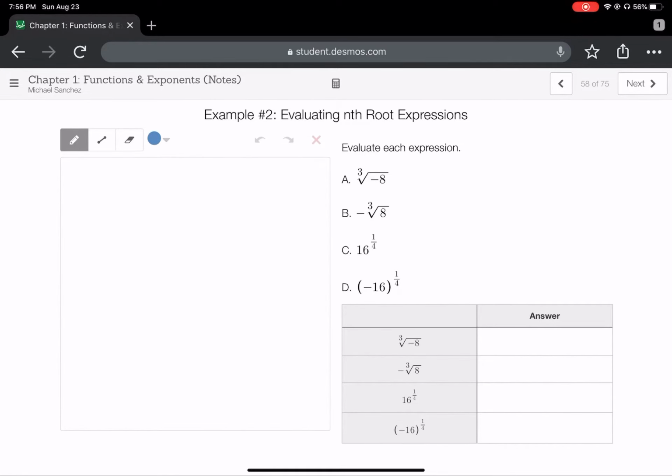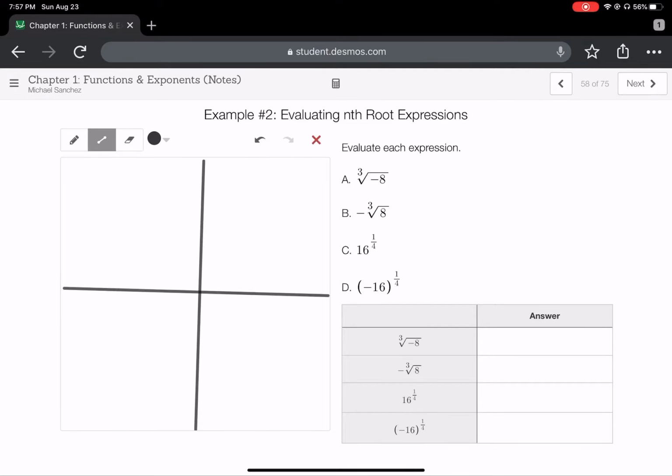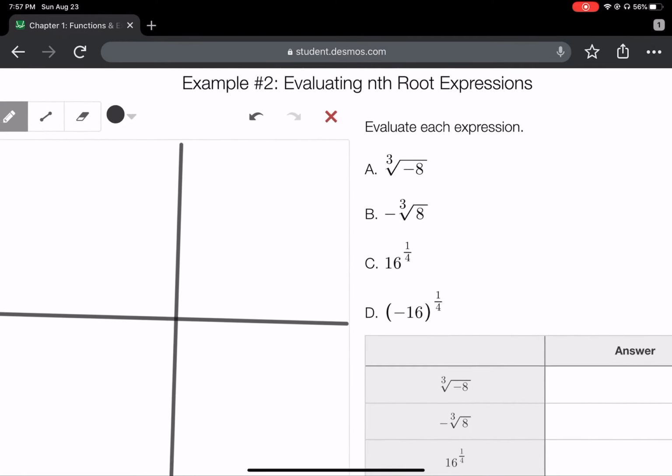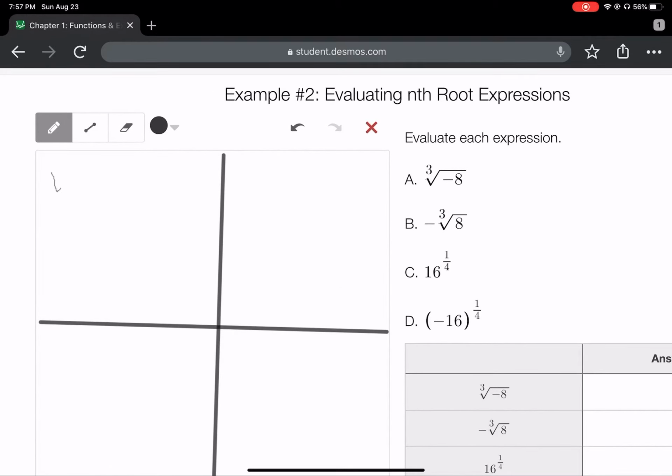All right, so here are a couple other examples. Okay, A and B I'm going to compare together. I'm going to divide this into 4 pieces, and we'll work on them in individual spaces. All right, so I want us to compare this.